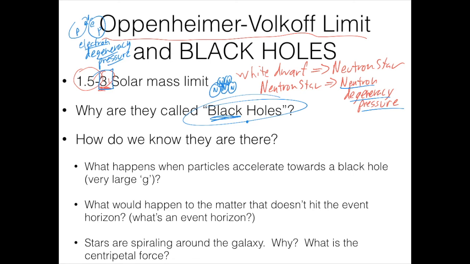Now, another thing that happens is as particles get close to a black hole, as this particle gets really, really close, it starts moving faster, right? It goes faster and faster and faster. And remember that kinetic energy is proportional to temperature. So if that particle has a huge kinetic energy because it's getting closer and closer to the black hole and going faster and faster, the temperature's got to go up. Now, if the temperature goes up, what's going to happen?